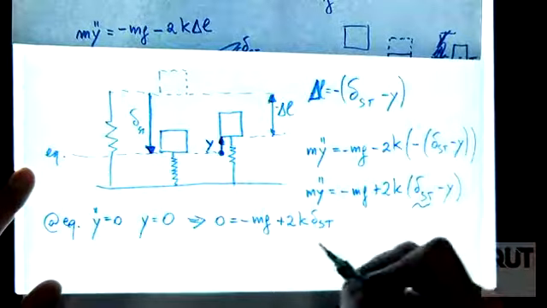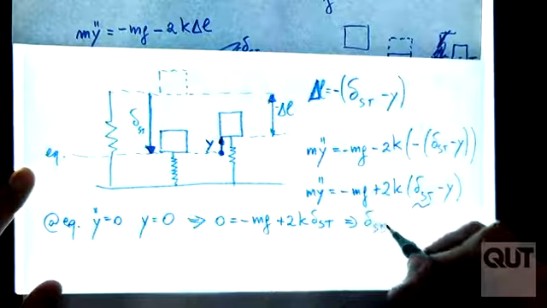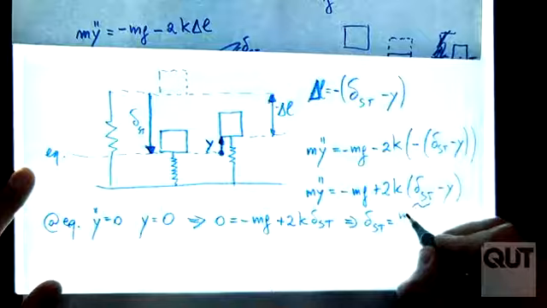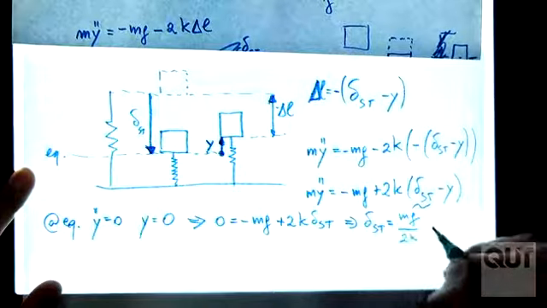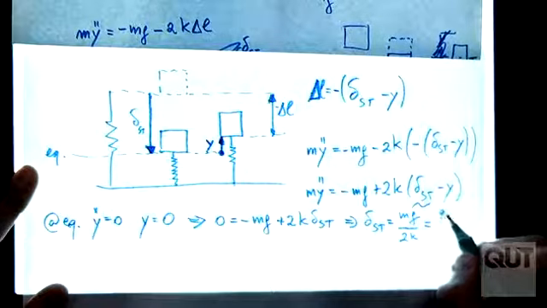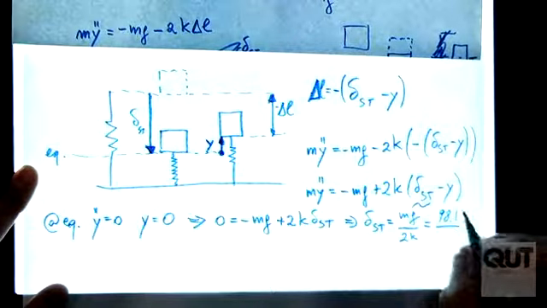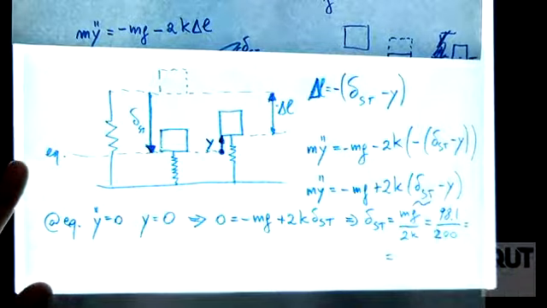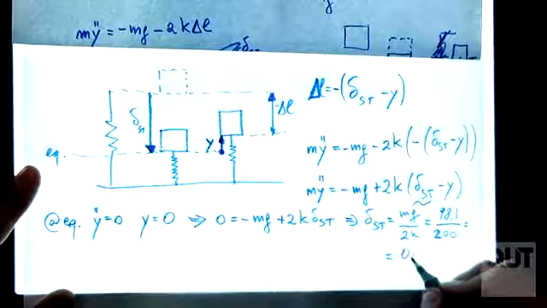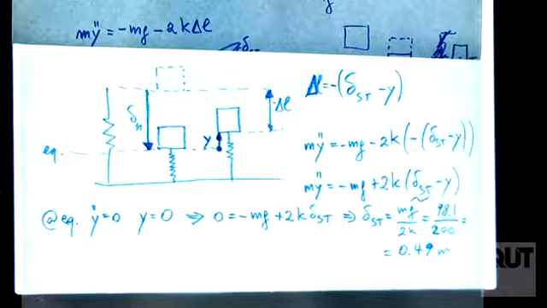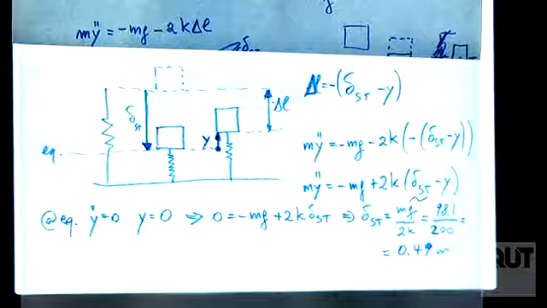This gives me delta static equal mg over 2k, which is equal to 10 multiplied by 9.81, 98.1, divided by 2k, which is 200, which is equal to 0.49 meters. So one thing is found. This guy is found. Agree?